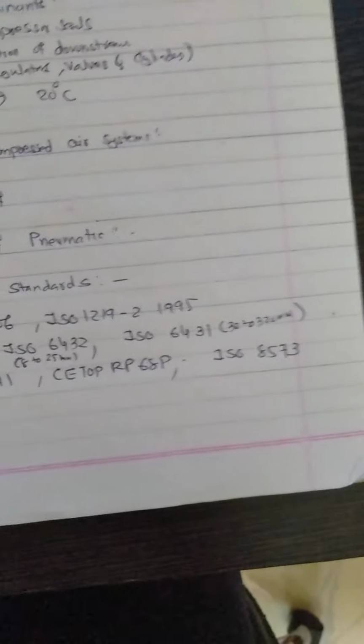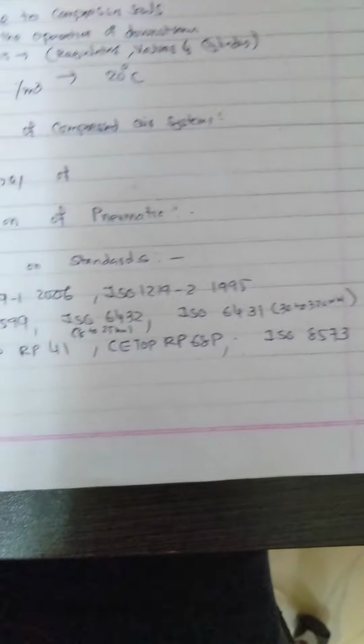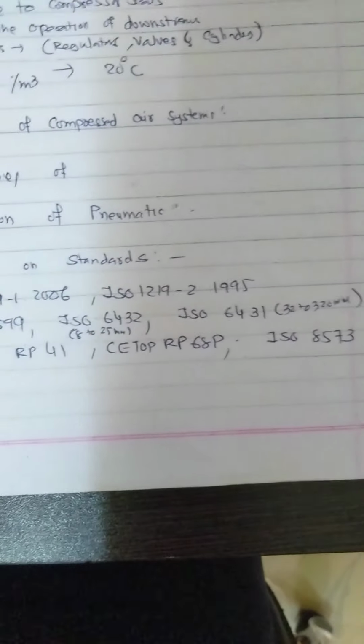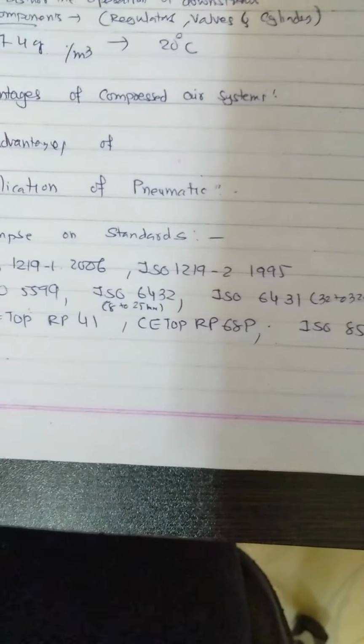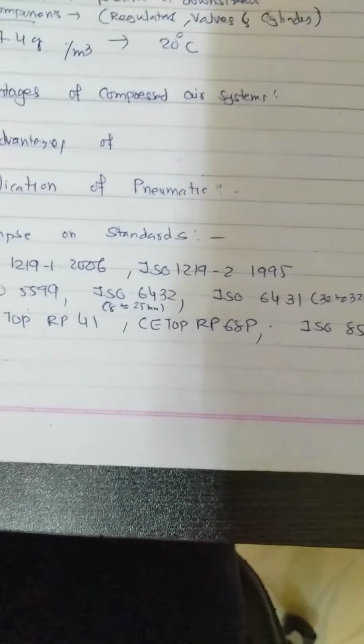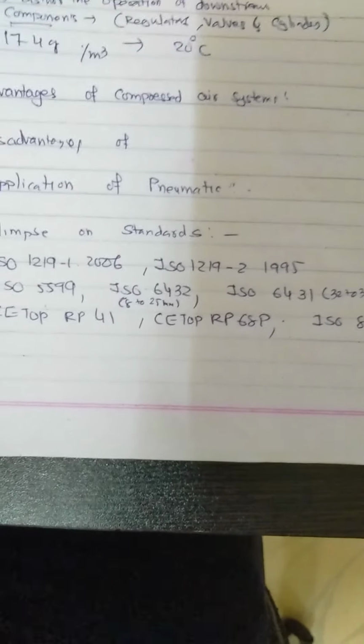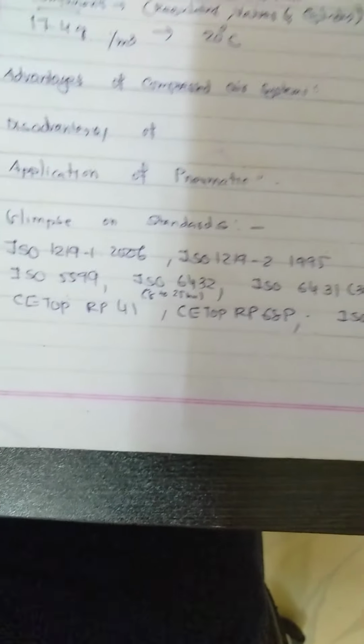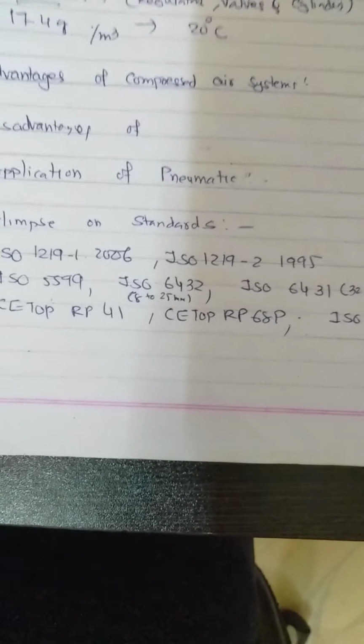Then comes DIN, that is Deutsches Institut für Normung, or German Institute for Standardization. DIN is a German standard. Then VDI, that is Verein Deutscher Ingenieure, the Association of German Engineers. Then VDMA is the Association of Mechanical Engineers in Germany.